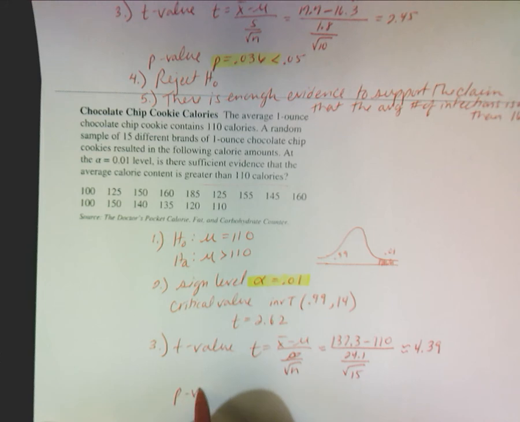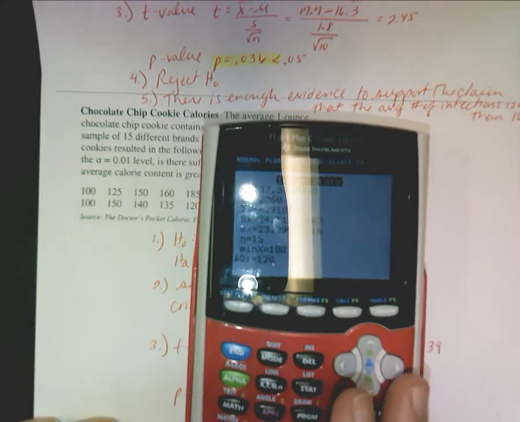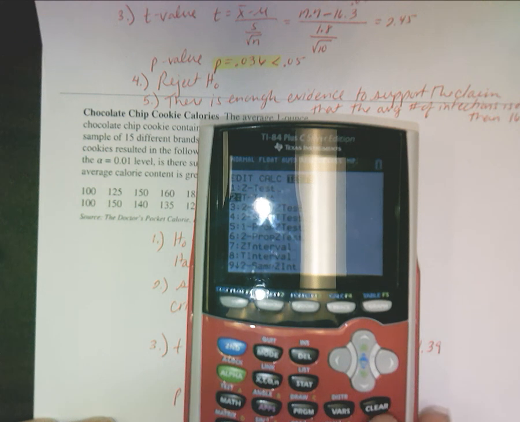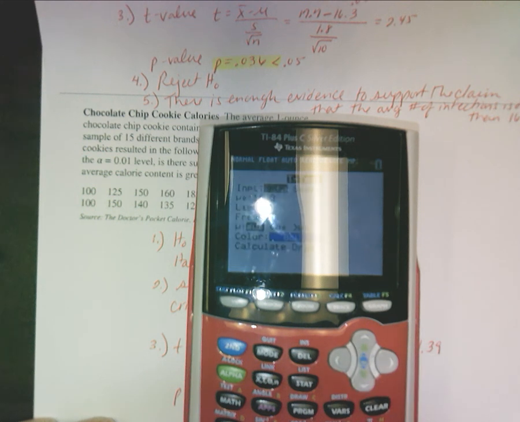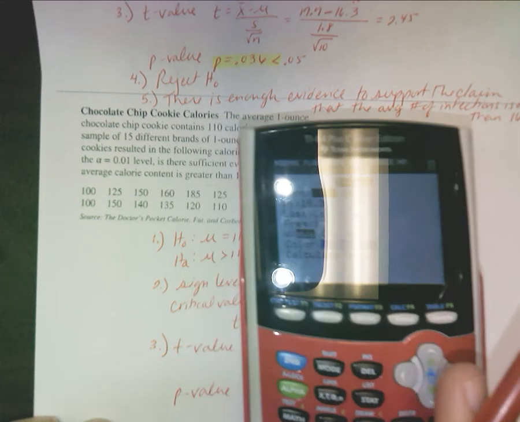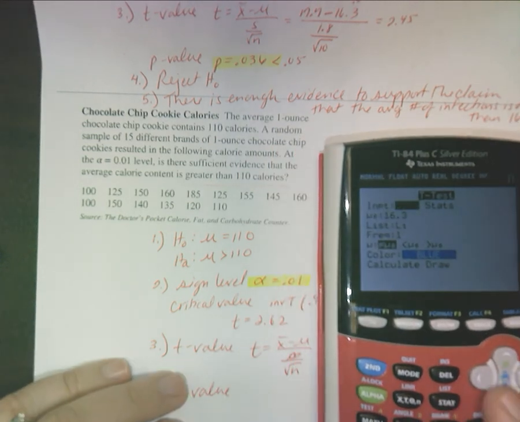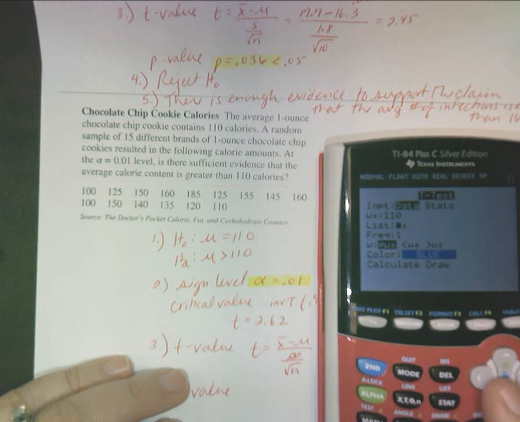Okay, we need to find our p-value. This is done by doing stat, tests, t-test. And we're going to go to data because I've already entered it into L1. Sorry, there's a glare. And I'm just going to input my population mean, which was 110.